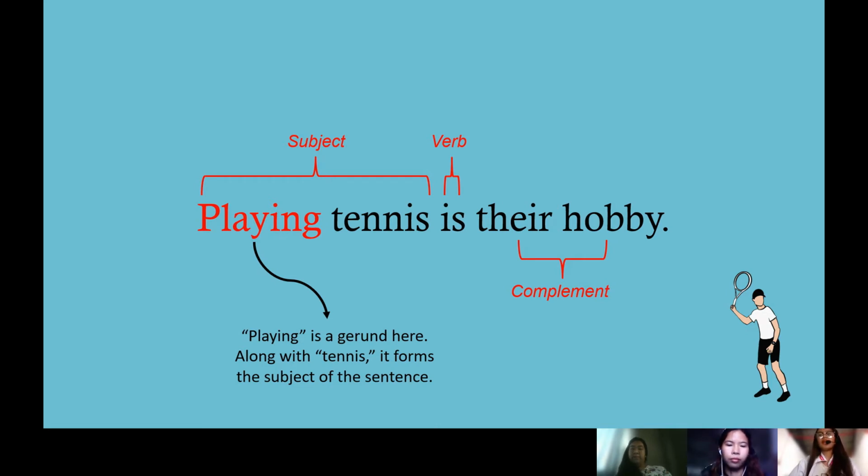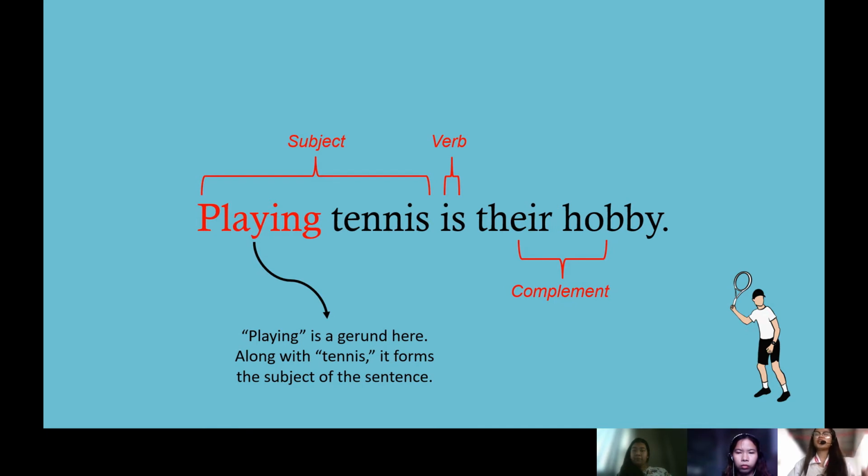Okay. So now, "playing" is our gerund here. It is not functioning as a verb. It functions as our noun, or our verbal noun. "Playing" is the gerund. Along with "tennis," it forms the subject of the sentence. So, hindi natin pwedeng sabihin na "playing" lang, kasi hindi kumpleto yung thought.